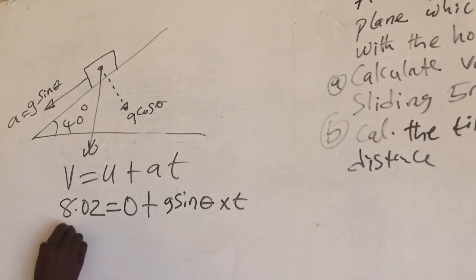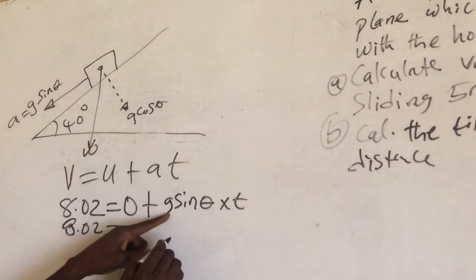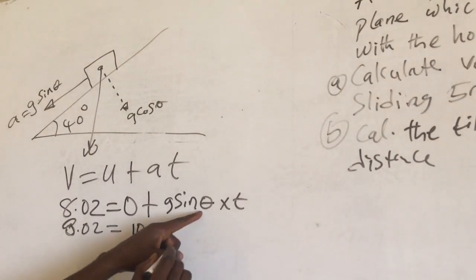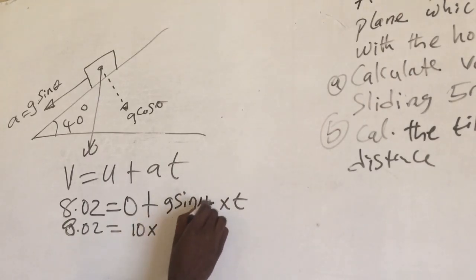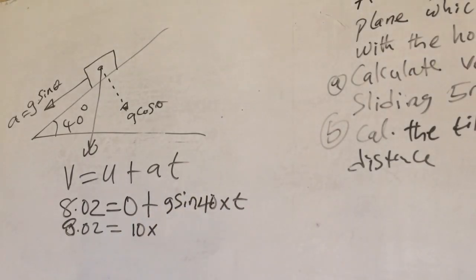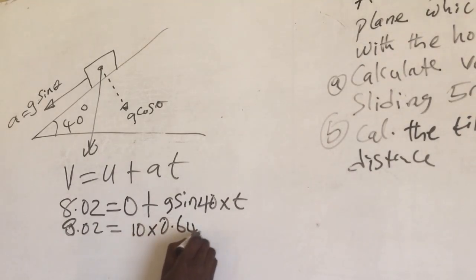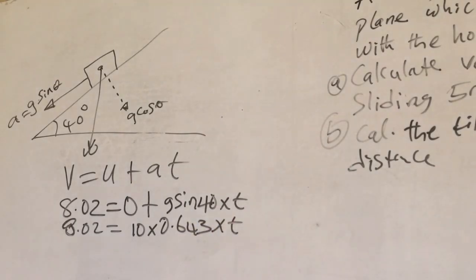So 8.02 equals, u has gone, then our g is approximately 10 times sine 40, which is 0.643, times our t.